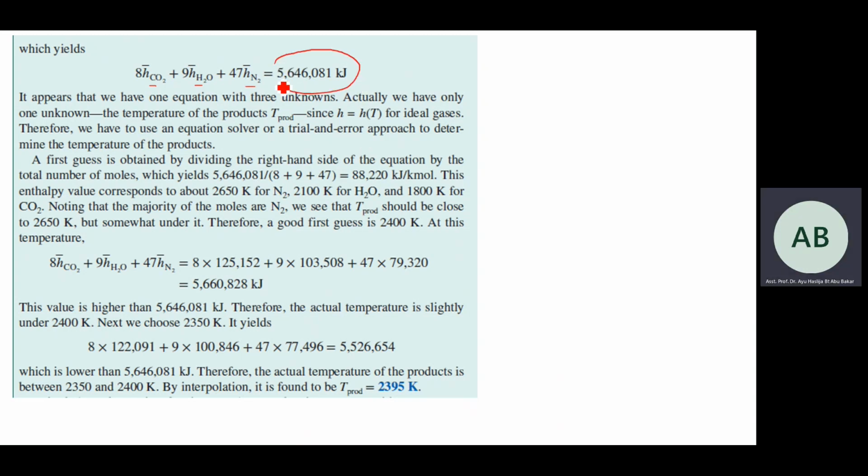Then this one comes from the earlier calculation, so the unknown equals this figure. At T adiabatic, you must get this figure for the summation of enthalpy for CO2, H2O, and N2.